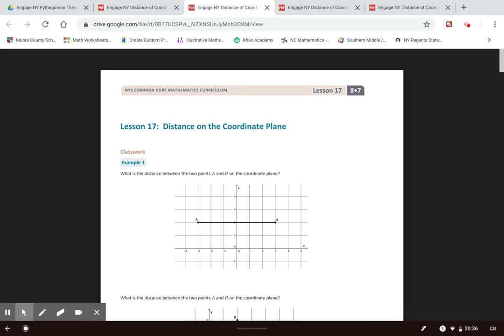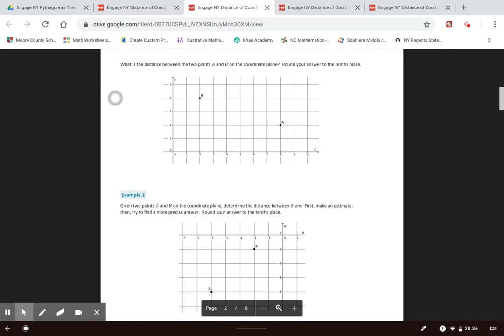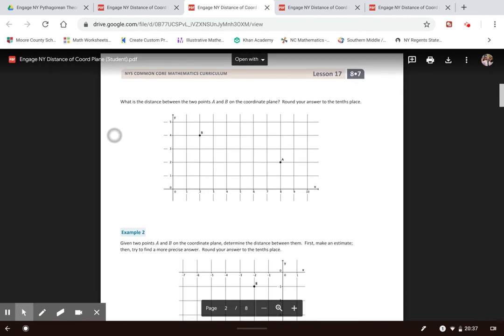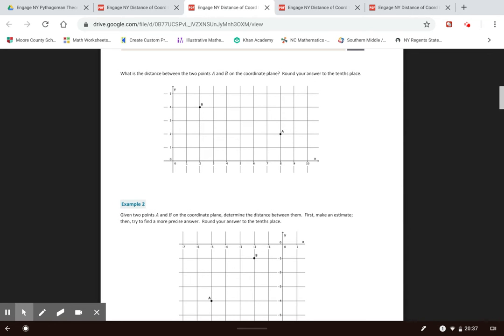If I look here at the next example, it gives me 2 points on the coordinate plane. I have point A, which looks like it's at 8, 2, and then I have point B, which is at 2, 4.